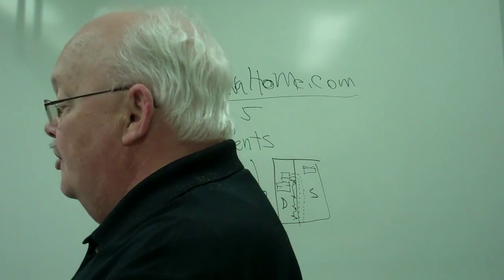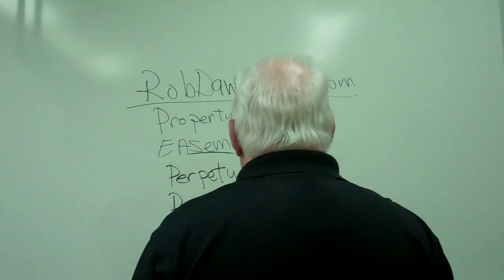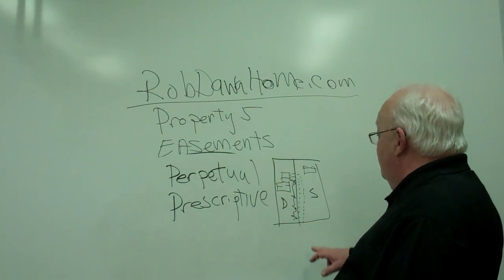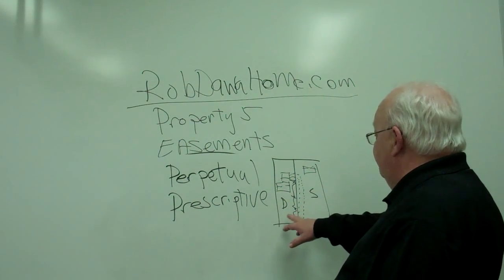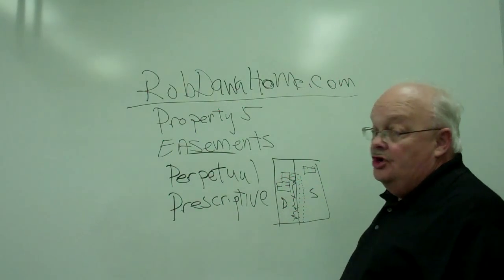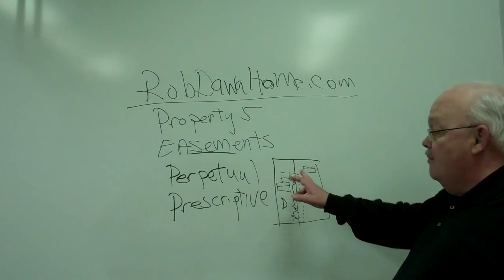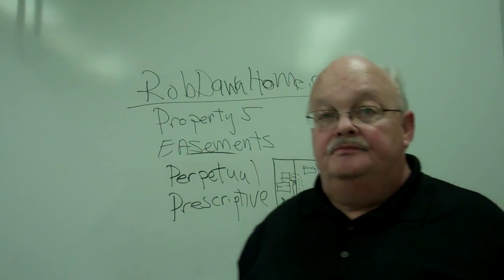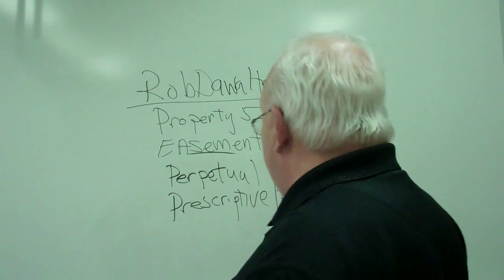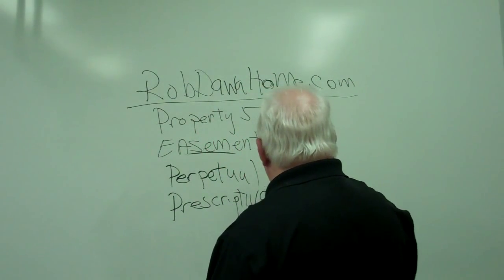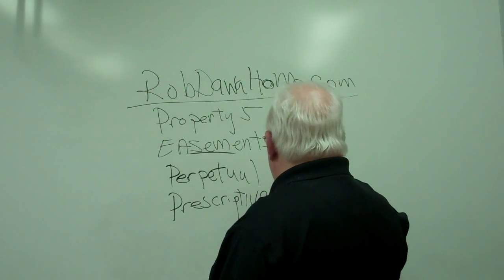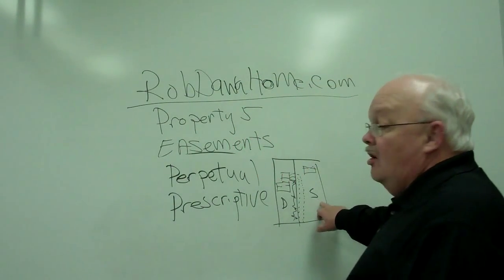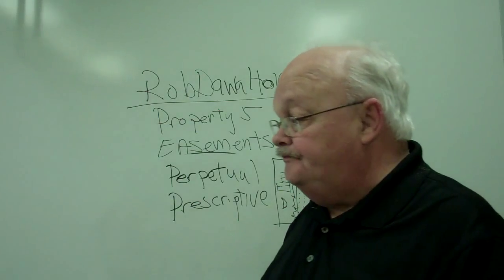Another thing is that this guy can't grant his own easement and say, okay Joe, you can drive through there too, because you'll want to park your car back here, we're going to have a cookout. He can't do that. The only one that can do it is this guy to this guy. But this guy can't sell, give, or bargain away the right to use this guy's land. Only he can do that.